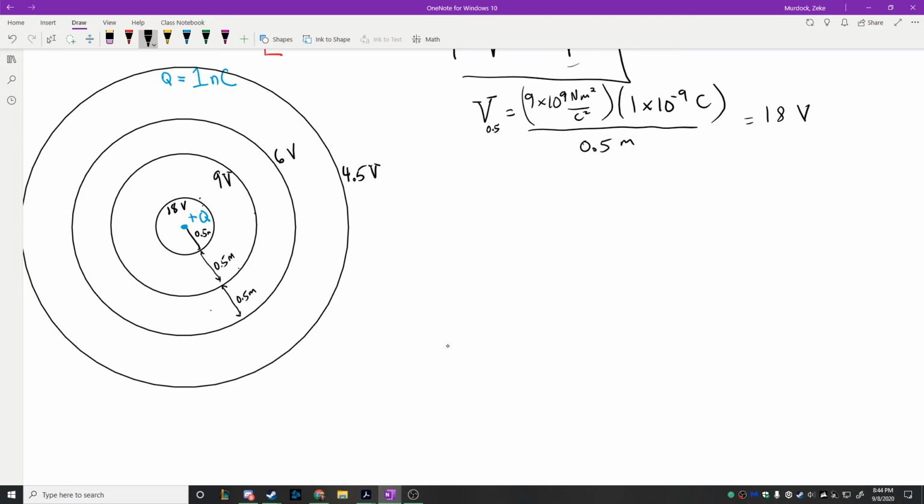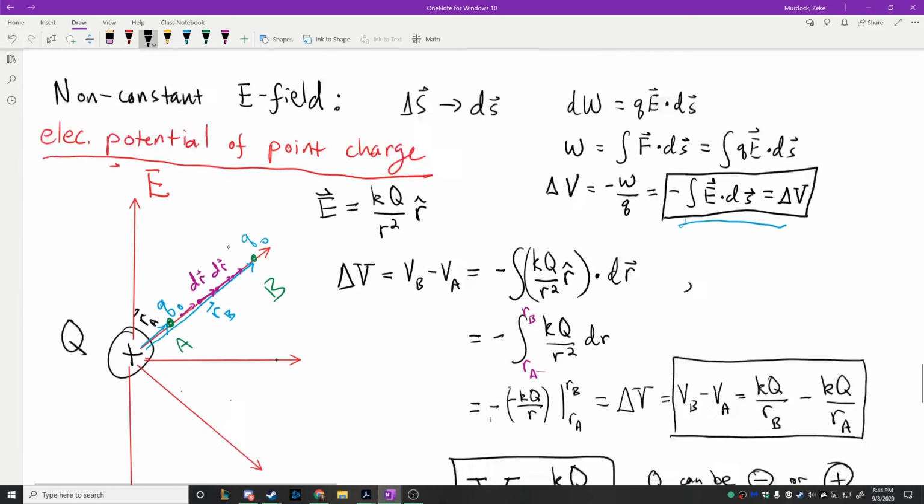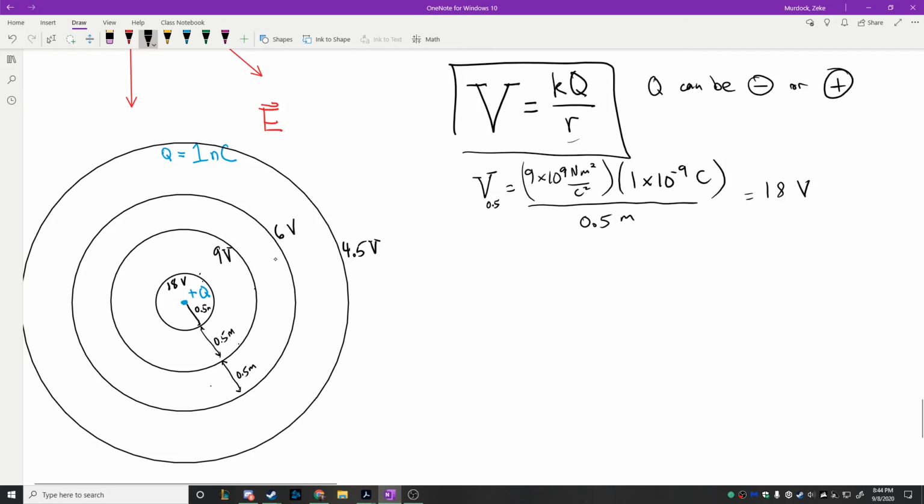Okay. So what I would ask you guys is, is this a uniform decrease from 18 to 9 to 6 to 4.5? Is it the same amount of decrease each time? It's not, right? Okay, so this meets the definition of what we set up here. It's a non-constant electric field, and the electric potential is also not uniform. It decreases rapidly and then it slows down, yeah.